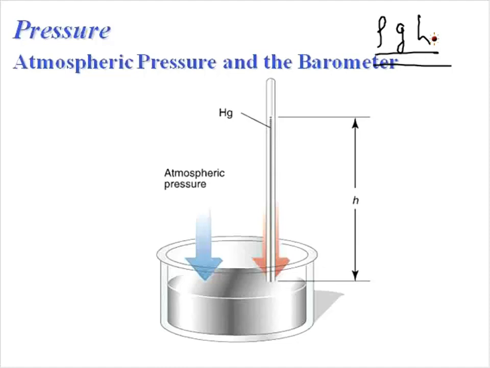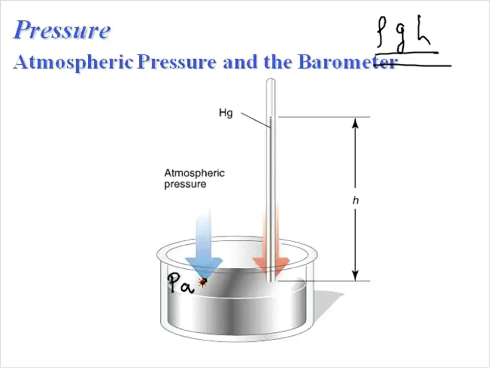Now what is the concept? Why does it rise? You have mercury in a container. Now keep it open to the atmosphere. Atmospheric air is pushing it down. At this point, the pressure is equal to the atmospheric pressure, PA. Pressure is going to be the same at the same height everywhere.